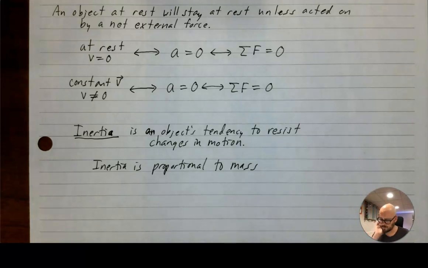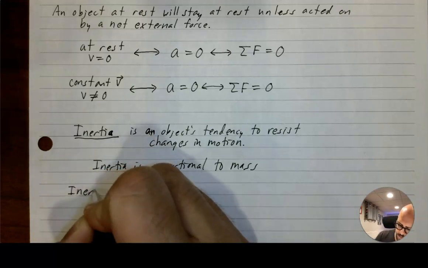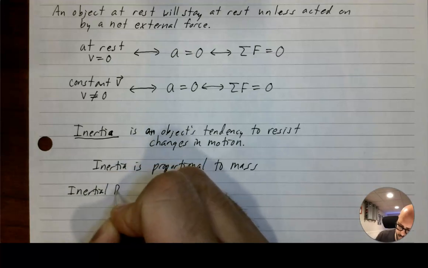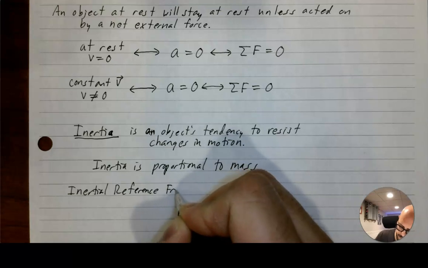Okay, the last part of this is just an explanation of something that you will see on your equation sheet. On your AP Physics 1 equation sheet, it says something like, all reference frames are assumed to be inertial unless otherwise specified. So this gives us the idea of an inertial reference frame.